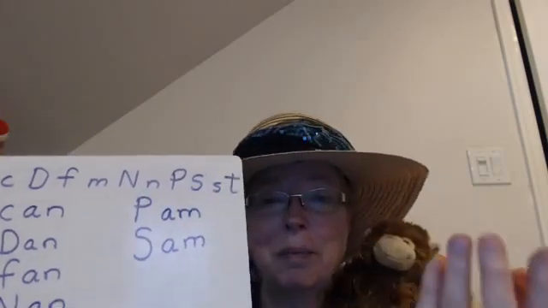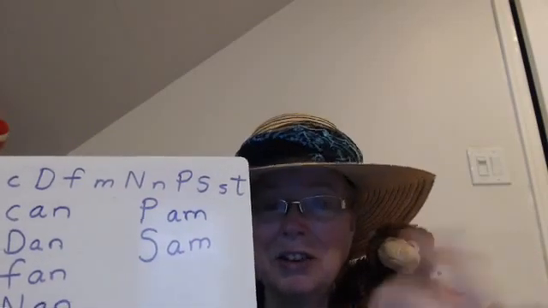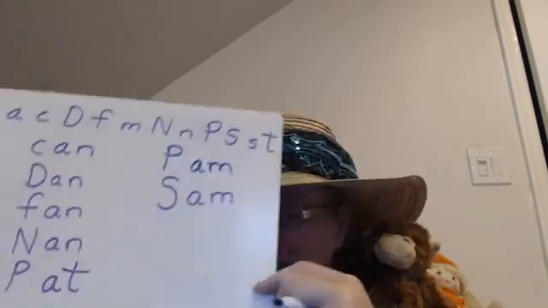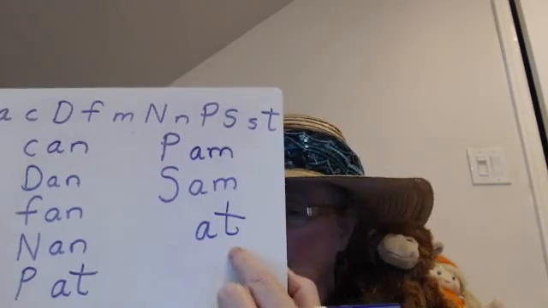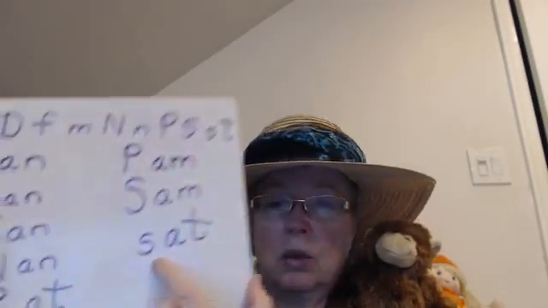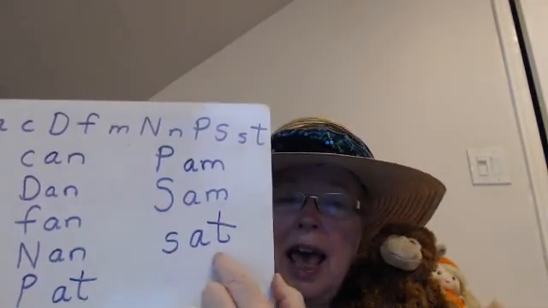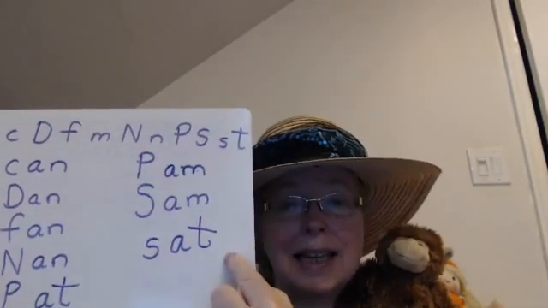So we have another character in the story, Sam. And then we're going to go back to using A-T. A-T is at, and we're going to add the lowercase s. So now we have at, sat.